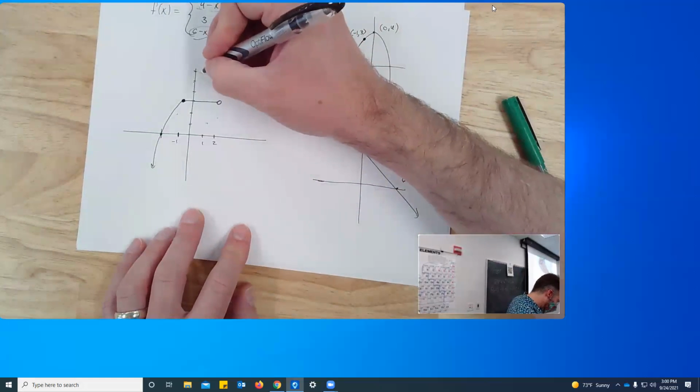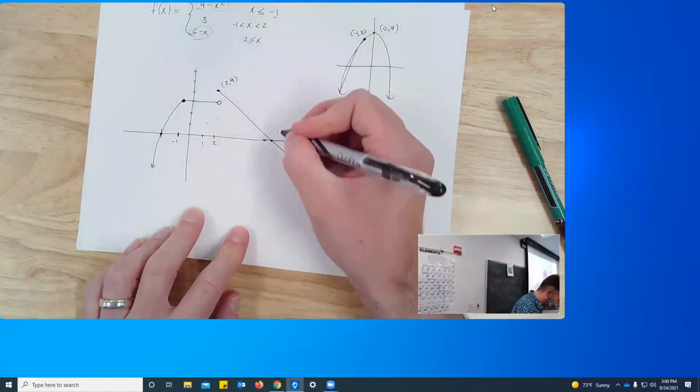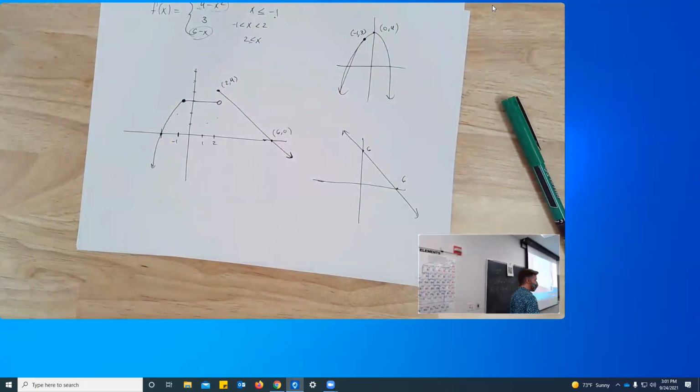And then it's just going to continue down this way, hitting my x-intercept over here of (6, 0). So that's how I would graph this piecewise function, using the knowledge of other functions I already have about what they look like, and then grabbing the parts of them that I want in the right places.